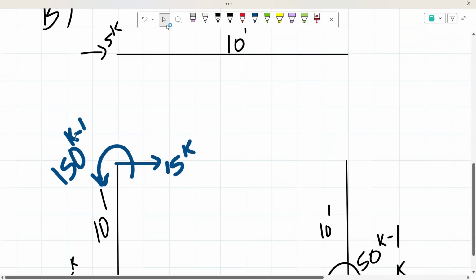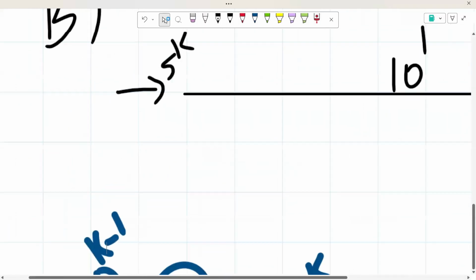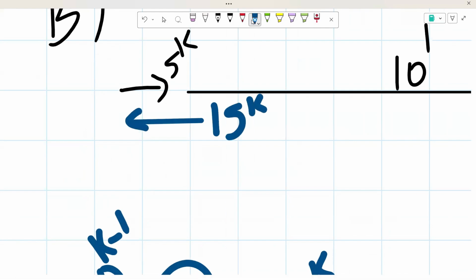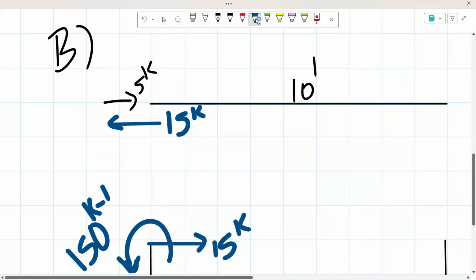Since we added 15 kips going to the right here, that means that we need 15 kips going in this direction now. So 15 kips going in this direction. That's 15 kips. But now, since on this side we added 150 kip feet going counterclockwise, that means we're going to need a 150 going clockwise here.